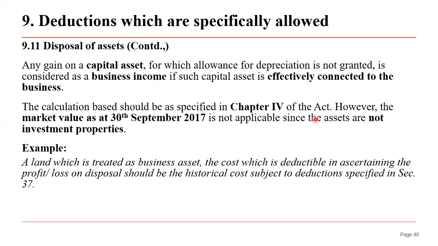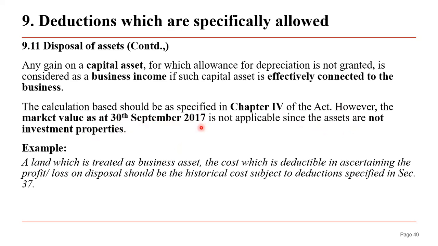act. However, the market value as at 30th September 2017 is not applicable since the asset is not an investment property. If it is an investment asset, only then can they consider the market value as at 30th September 2017.